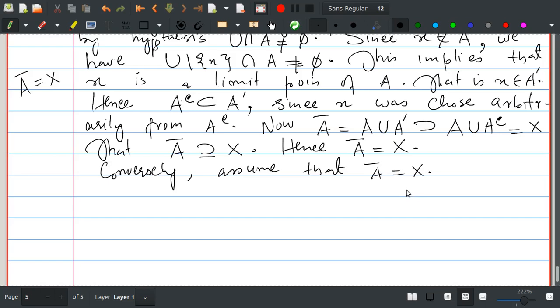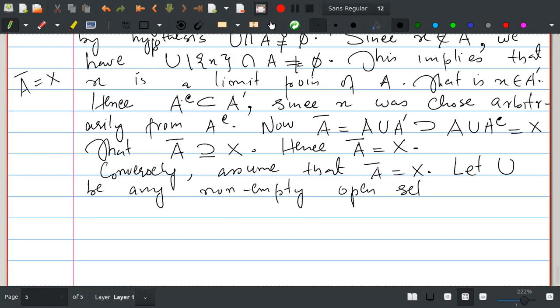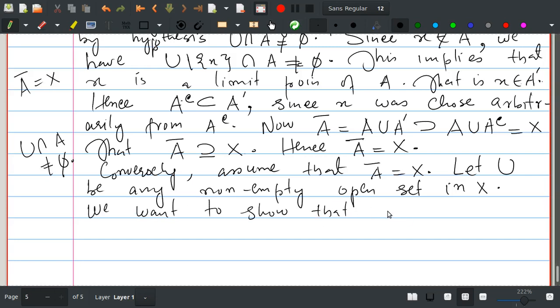We have to prove any non-empty open set U in X has a non-empty intersection with A. So let U be any non-empty open set in X. We have to prove this U intersection A is actually non-empty.